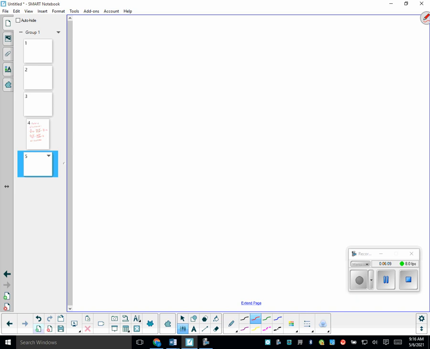A sequence has commas between them. A series has plus signs between them. That's the only difference, so we're not going to get bogged down on it. They both kind of do the same thing. That's how they look different.